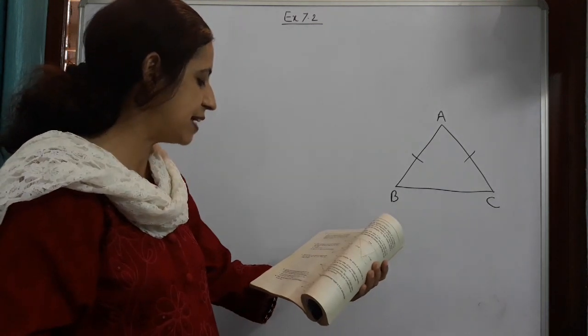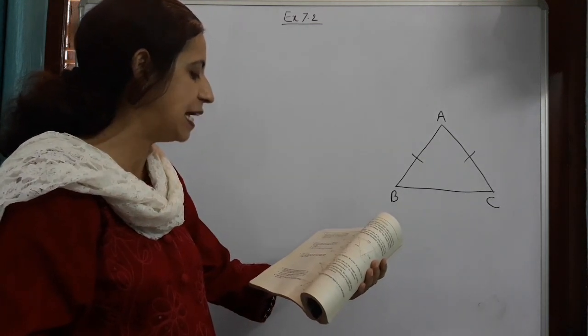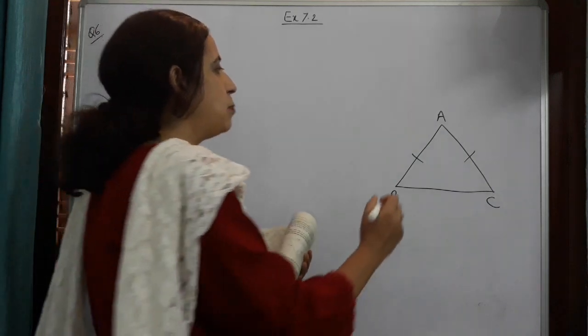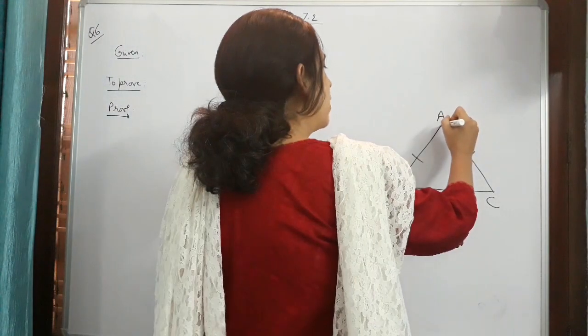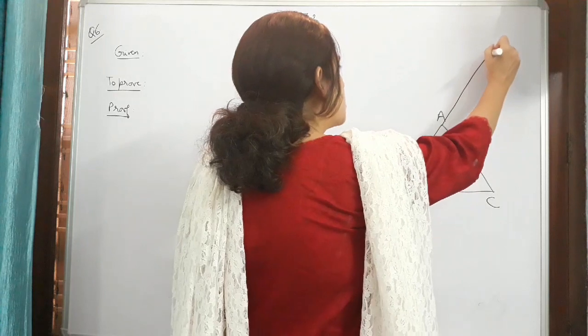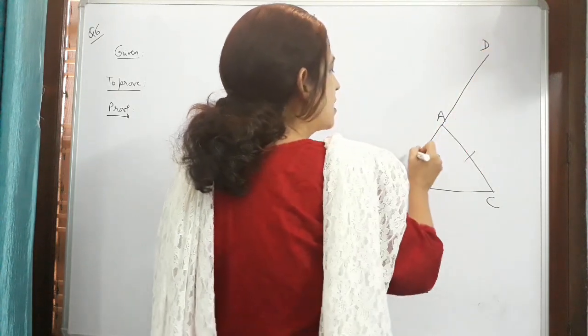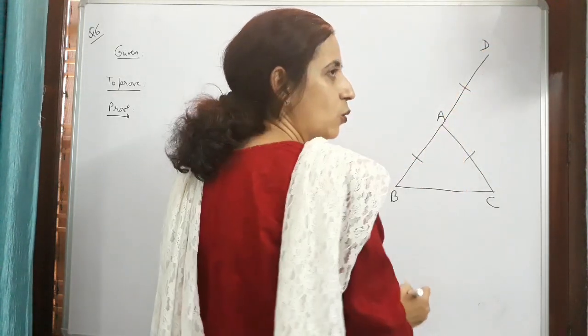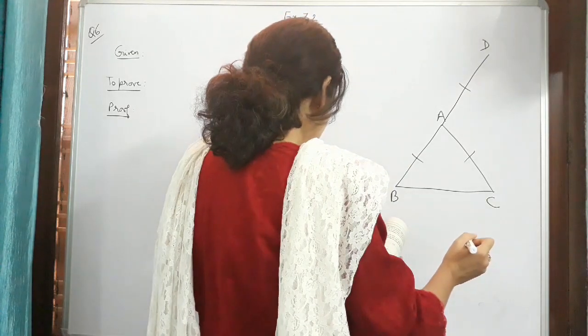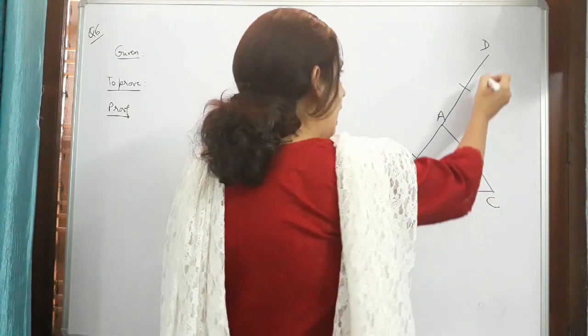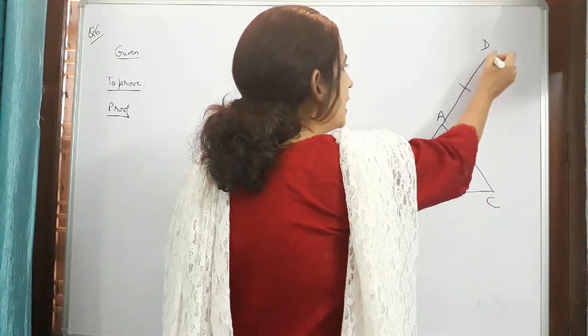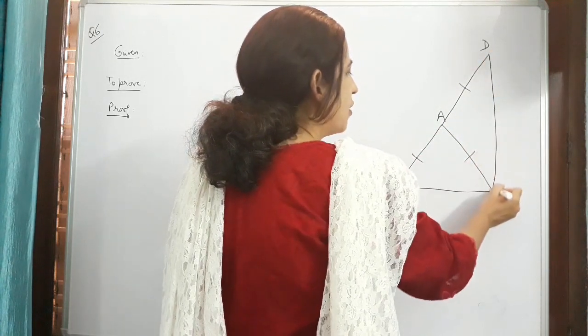After that they are saying side BA is produced to D such that AB is equal to AD. So this side BA is produced to a point D such that AB is equal to AD. And then they are saying we have to prove that angle BCD. So definitely for angle BCD we will join this.